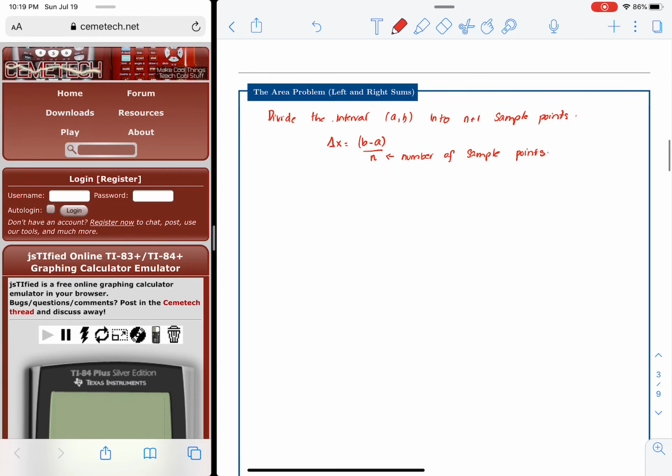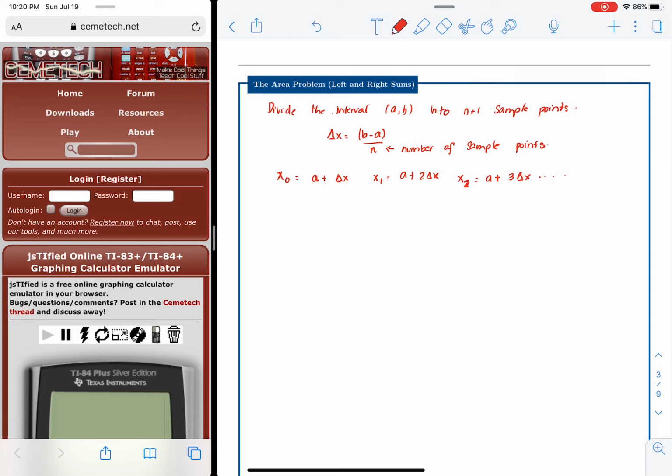And x0 would be the starting point plus delta x. x1 would be the starting point plus 2 times delta x. x2 would be the starting point plus 3 times delta x, and so forth. So if we define it in this way, we can go back to our previous problem.